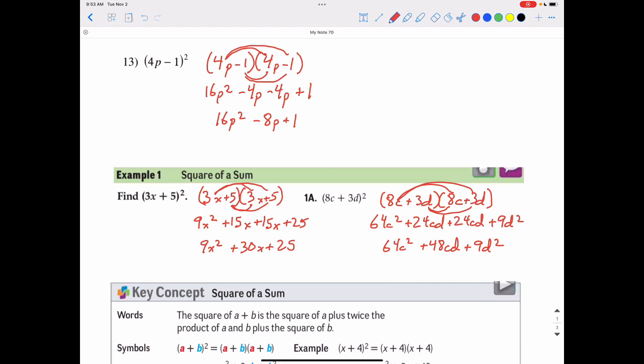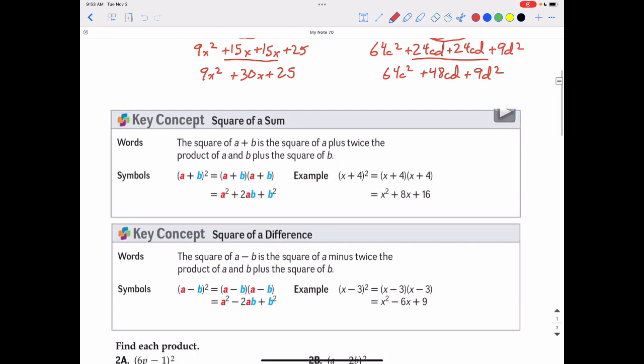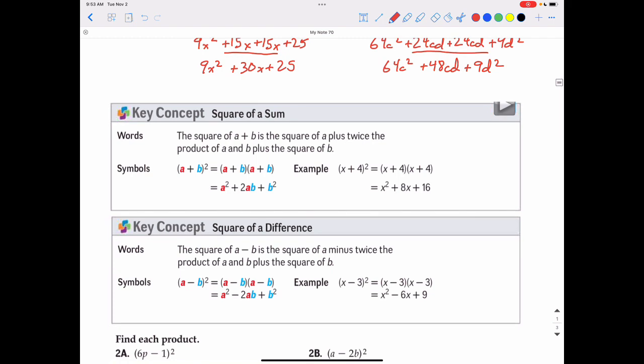Notice on each one of these problems, the middle terms were all the same. We had a 24cd plus 24cd, 15x plus 15x, negative 4p, negative 4p. So that leads us to a shortcut. Whether it's square of a sum or square of a difference, a shortcut for doing this is to just square the first term.